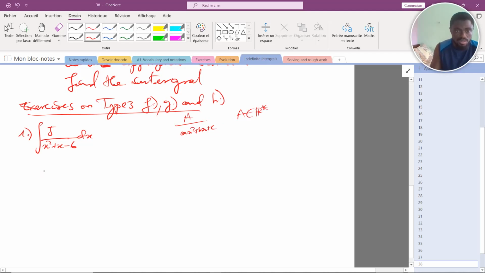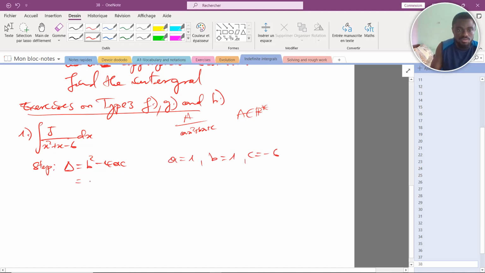The first step we have to do is to calculate delta. We know that delta, the discriminant, is equal to b squared minus 4ac. In this equation, our a is equal to what? 1, our b is equal to 1, and our c is equal to minus 6.